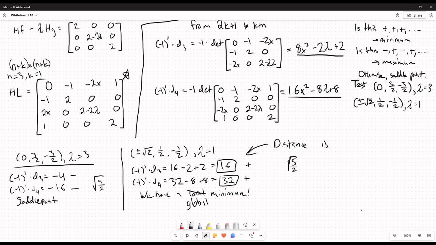So it's relatively easy to believe that this local minimum is actually a global minimum. But anyhow, that shows you how to use the Hessian criteria for these Lagrange multiplier problems. Obviously, there's a lot of work to do, but as long as you break down that Hessian into smaller pieces, it's not too scary.